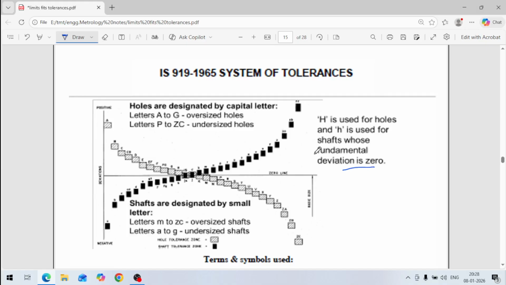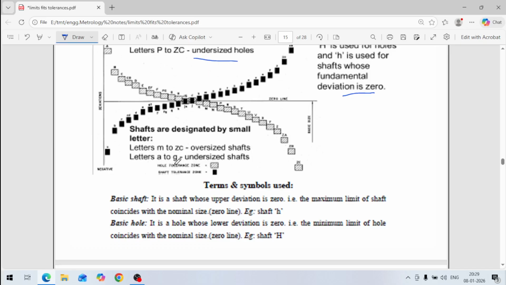After H, it is reversed like that. Then these are undersized holes, P to ZC, all undersized holes. And similarly for shaft, after H, these are oversized shafts. A to G are undersized shafts, and then M to ZC, these are oversized shafts.